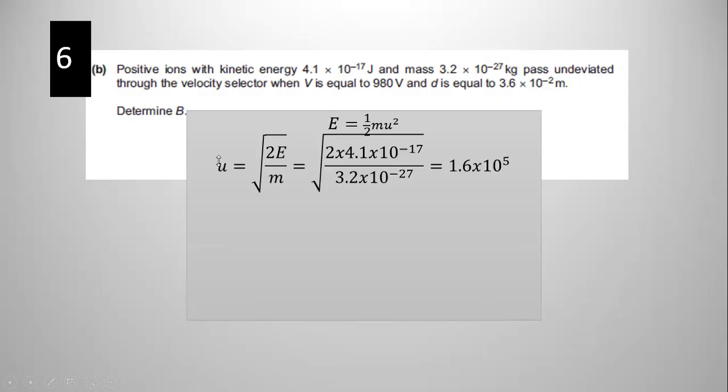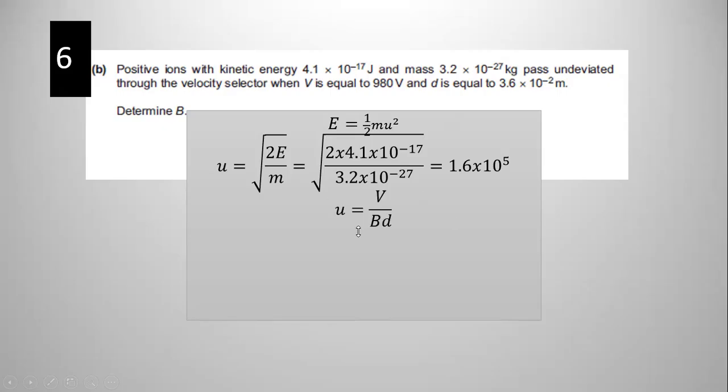From there we can calculate our U. A lot of calculation in A2 lah. Cannot avoid it lah. Right? So take the 2 across there, take the M down, square root it to get U, and put in the value. Right? 2 energy, 4.1 times 10 to the power minus 17. Mass, that's your mass.